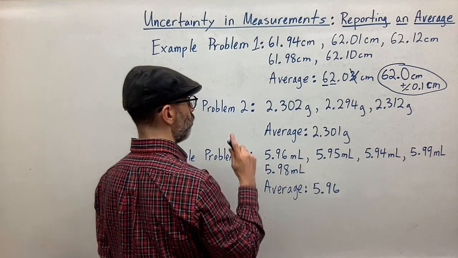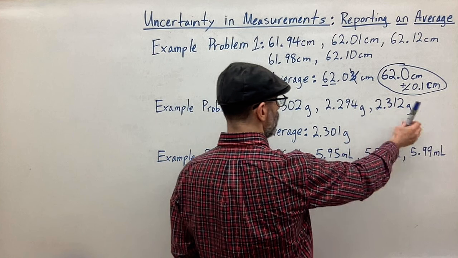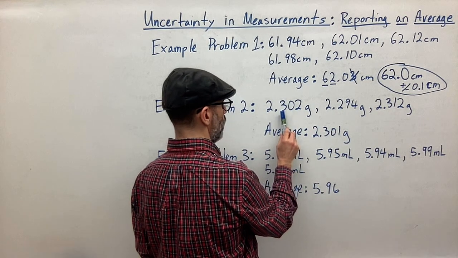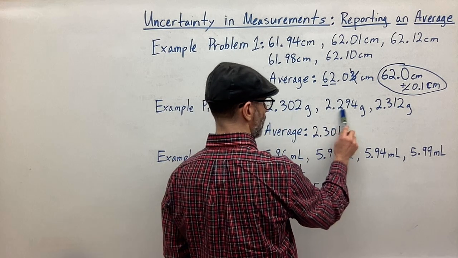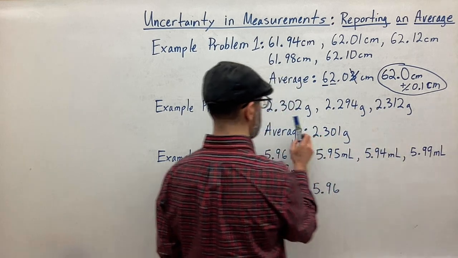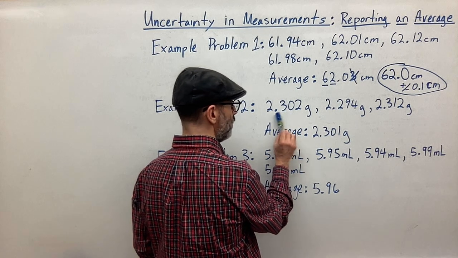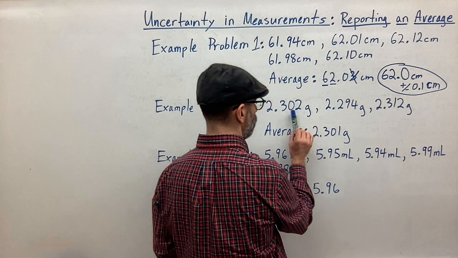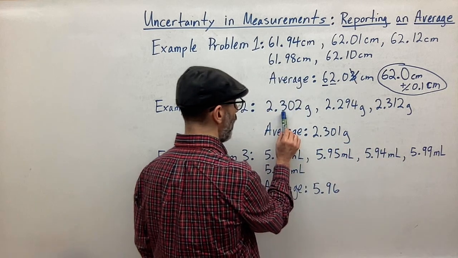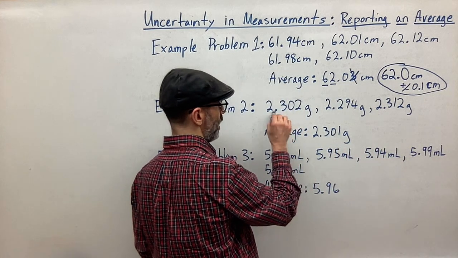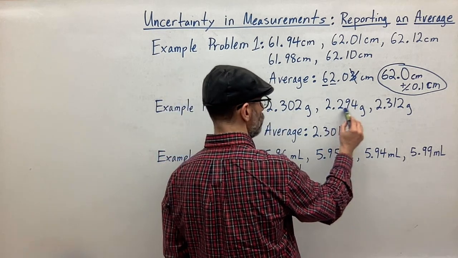Now, how do we decide this? So if we look here, we have 2.302, we have a 3, and we have a 2.9 here and a 3.1 here. So it looks like this fluctuation in the tenths place is due to the fluctuation in the hundredths place here, because it looks like we're teetering on the edge of 2.3 or 2.29, right?